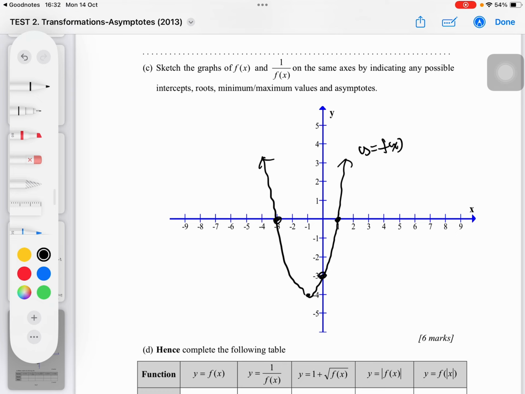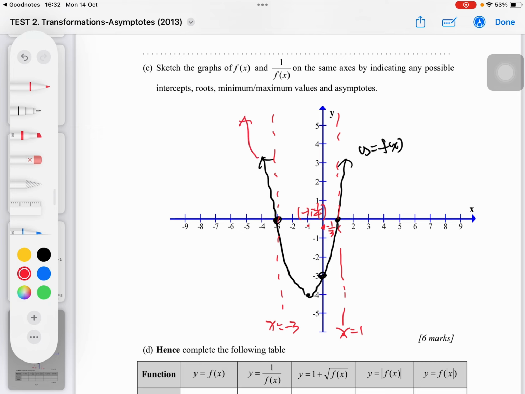And when we draw the reciprocal of f of x, zeros become the asymptotes. So x equals negative 3 and x equals 1. Those are vertical asymptotes. And negative 3 becomes negative 1 over 3. And negative 1, negative 4 becomes negative 1, negative 1 over 4. So now we draw the graph.